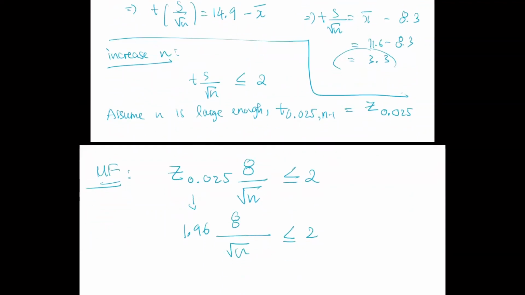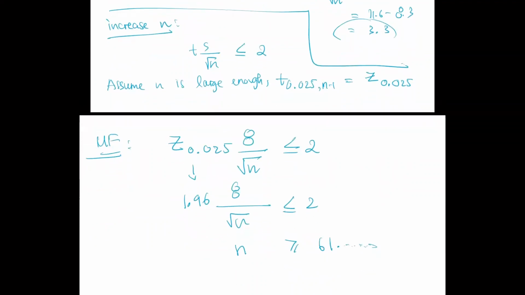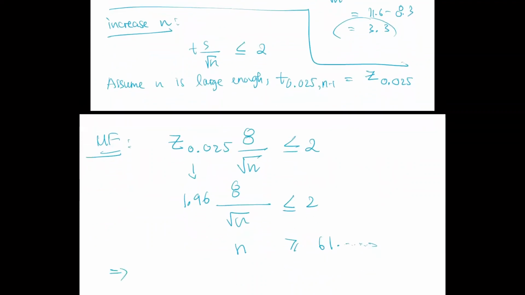Like this. And then if you calculate it, you will get n is greater than 61 point something. But it is greater than 61, which means that you will have to pick n to be at least 62, because you want to round up to the nearest integer.